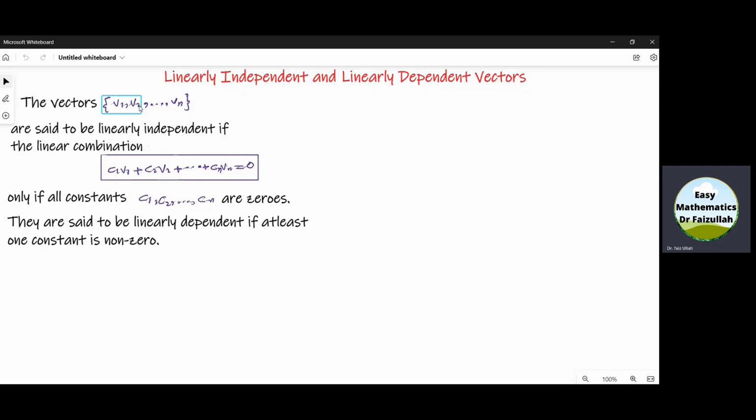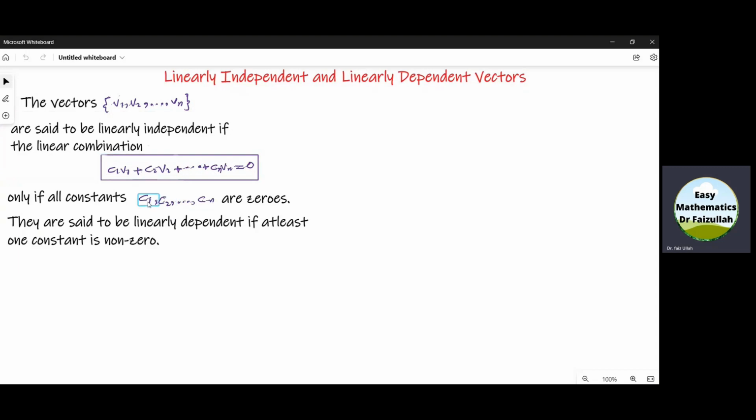Now, to determine whether these vectors are linearly independent or dependent, we shall put this linear combination equal to a zero vector. And from this we shall get a system of equations. We shall solve the system of equations to obtain the values of C1, C2 up to Cn.